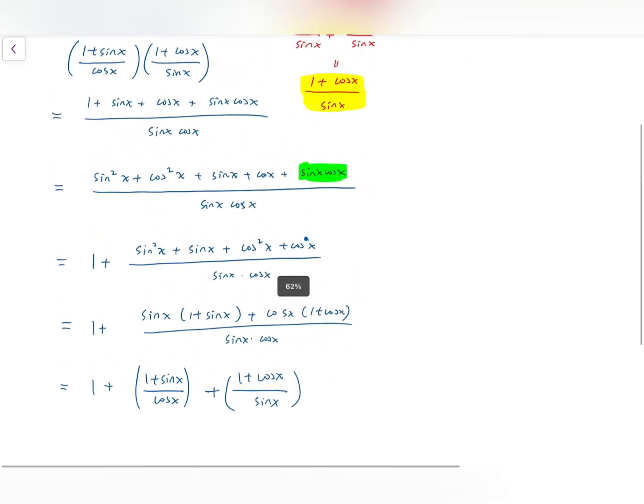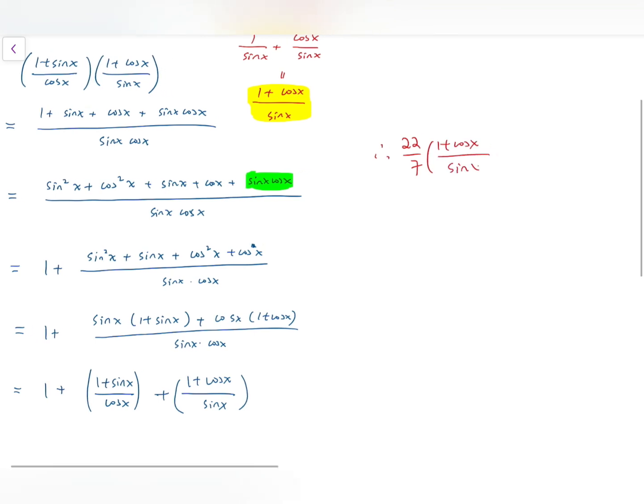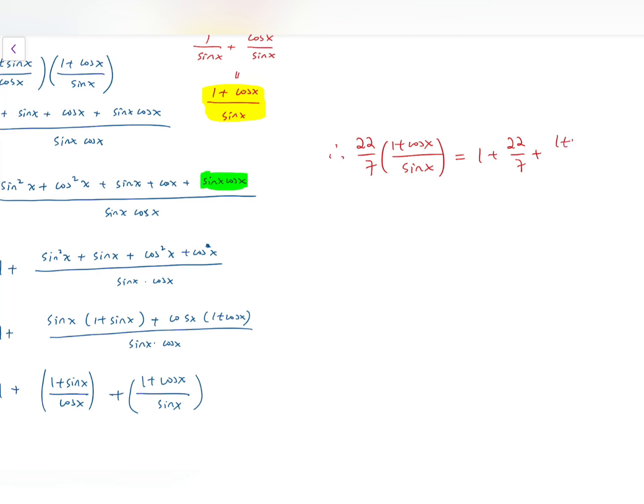And so this algebra on the sines and the cosines tells us that for our two fractions that we have obtained, the product is equal to 1 plus their sum. So if we have one of the fractions equal to 22/7, then we can quickly say that 22/7 times our required value is equal to 1 plus 22/7 plus our required value.